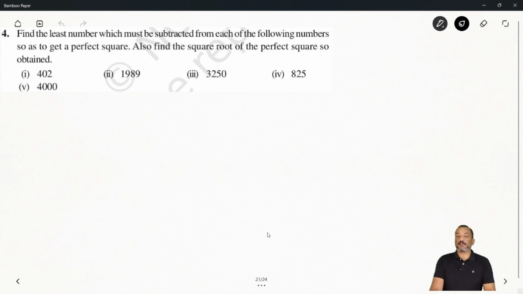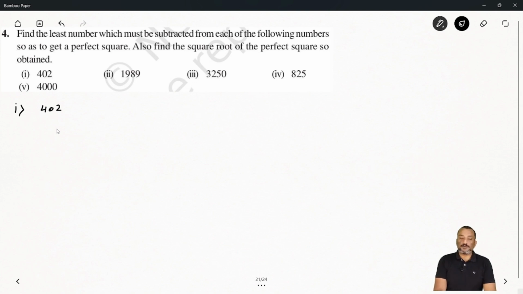Now coming to the next question: find the least number which must be subtracted from each of the following numbers to get a perfect square, and also find the square root of the perfect square so obtained. Again we have to solve this question by the division method. The first one we take is 402. In 402, which number do we subtract to get a perfect square?